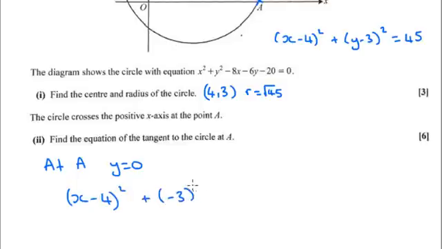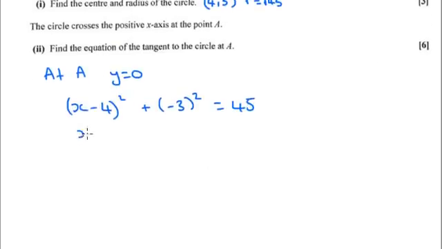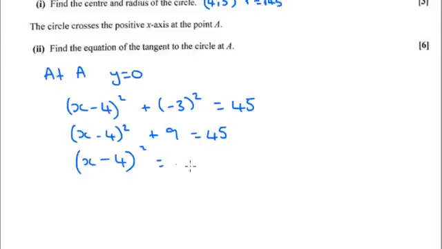(0 − 3)² = 45. So that's going to be plus 9 is equal to 45. And because that's in completed square form, we can just move the 9 over, which should be 36, and then square root both sides.